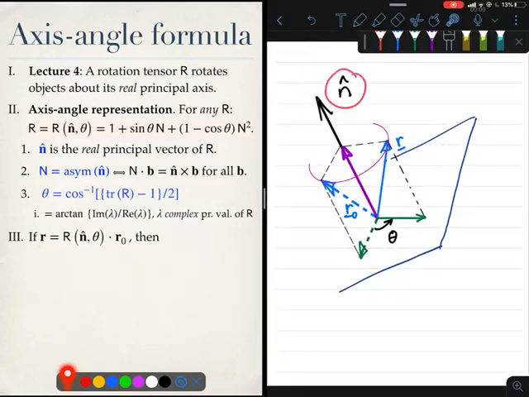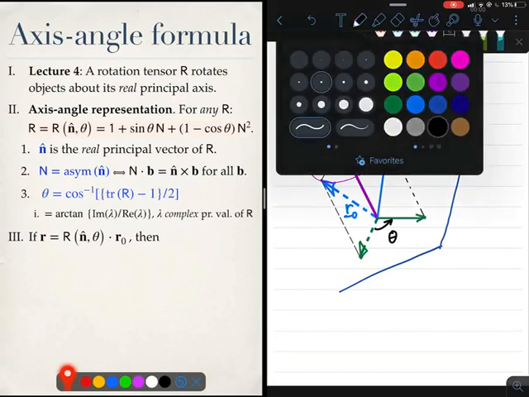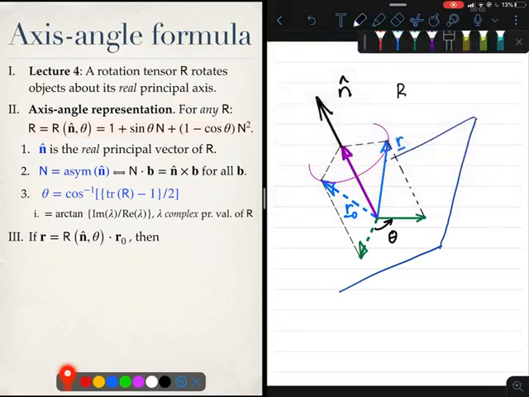So here is n, here is r0, and R operates on r0 to produce R. That's the invariant plane, that's the projection which remains in the plane, and this is the projection along the axis which remains the same.